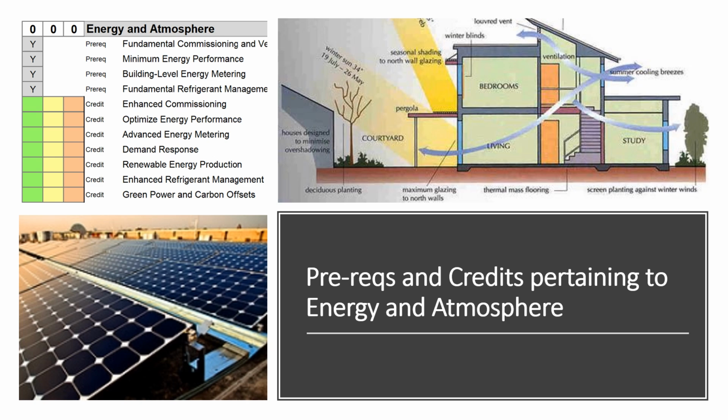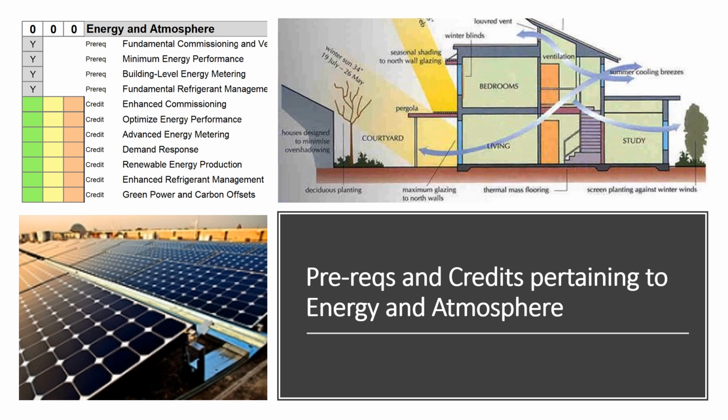These are the prerequisites and credits for the energy and atmosphere category. There are 4 prerequisites and up to 33 points in 7 credit areas that you can earn, which reflects the emphasis that LEED puts on climate change and the impact that energy has. We'll cover each of these, but you can see the summary of the prereqs and credits here.